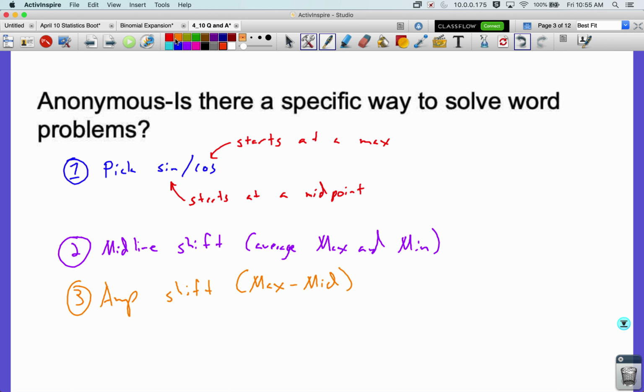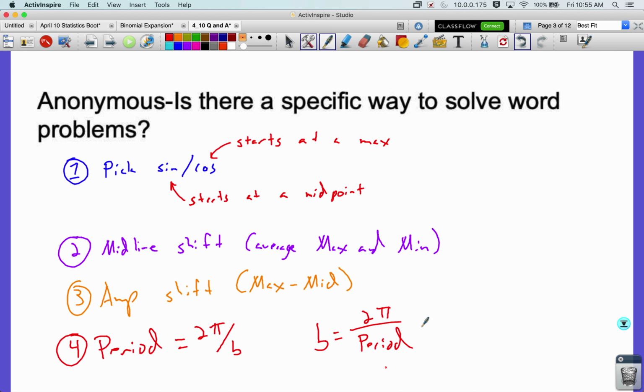Next you want to figure out your period. The period for sine and cosine is 2 pi, so you just do 2 pi over b equals the period. Plug in whatever period you want and then solve for b. So we can rearrange those: multiply b to both sides, divide period to both sides, so b equals 2 pi over the period.